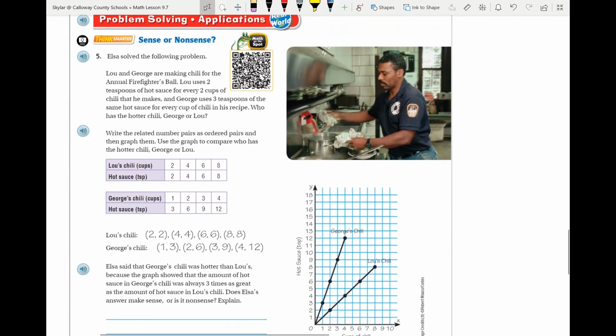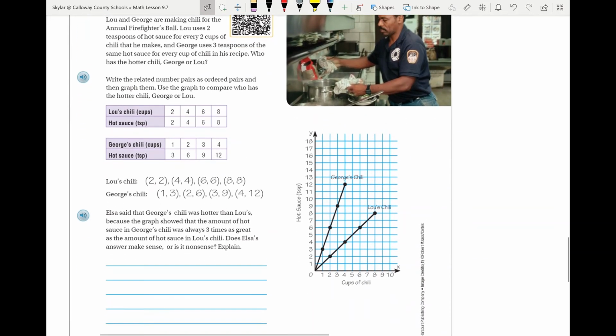So if we read this, and I'll give you all the chance to read it, it says that we are supposed to write related number pairs as ordered pairs and then graph them. Then use the graph to compare who has the hotter chili. They've already done that, but what I'm going to tell you to do is double check their work.